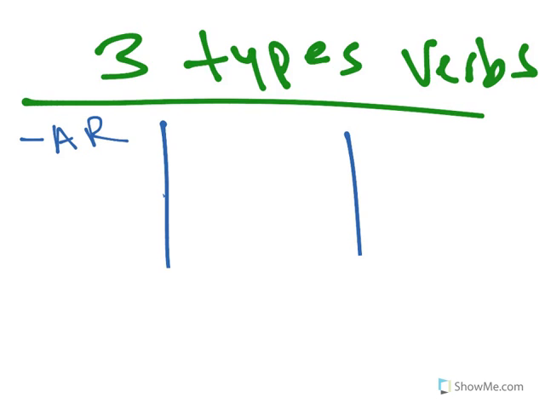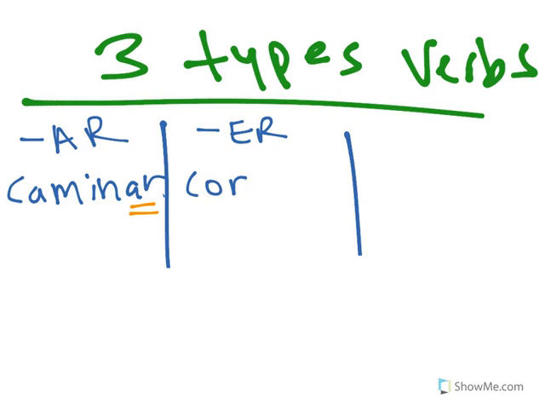What that means is that they end with AR, like the word caminar. Notice how it ends with AR. That's why it's called an AR verb. The next type of verb is an ER verb, and it's called an ER because it ends with ER, like in the word correr, which means to run.